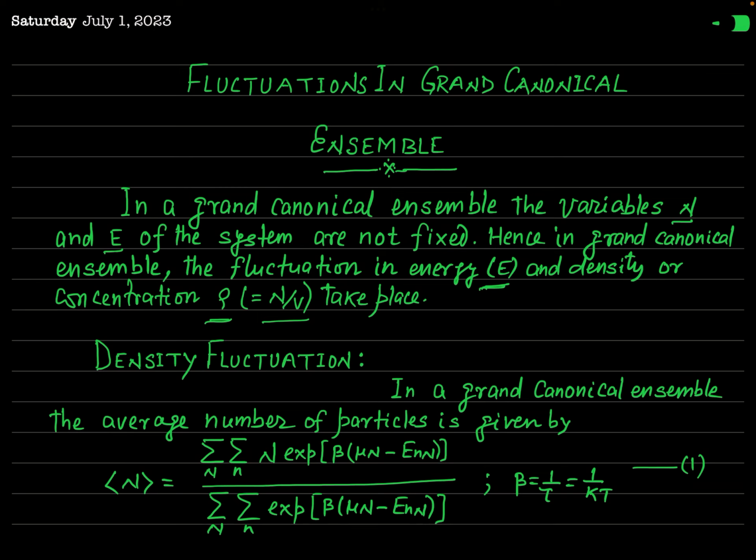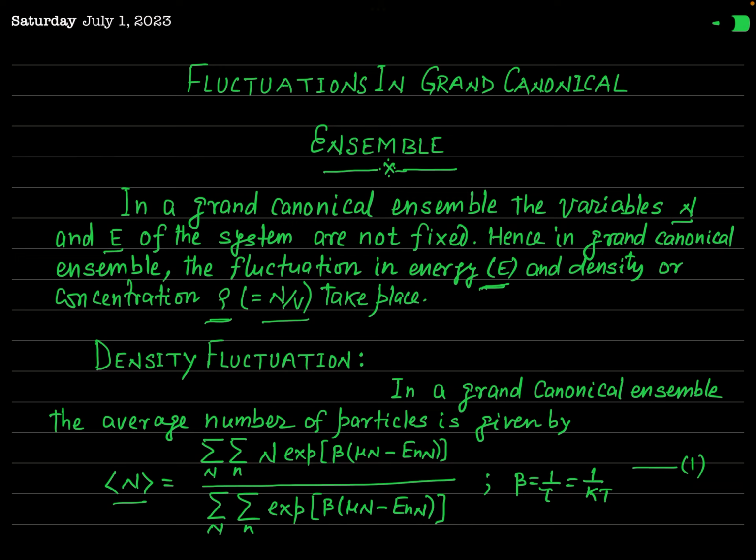In case of grand canonical ensemble, if you want to find the average number or mean number of particles, how can you define it? We have learned how to find the average value of any parameter earlier.